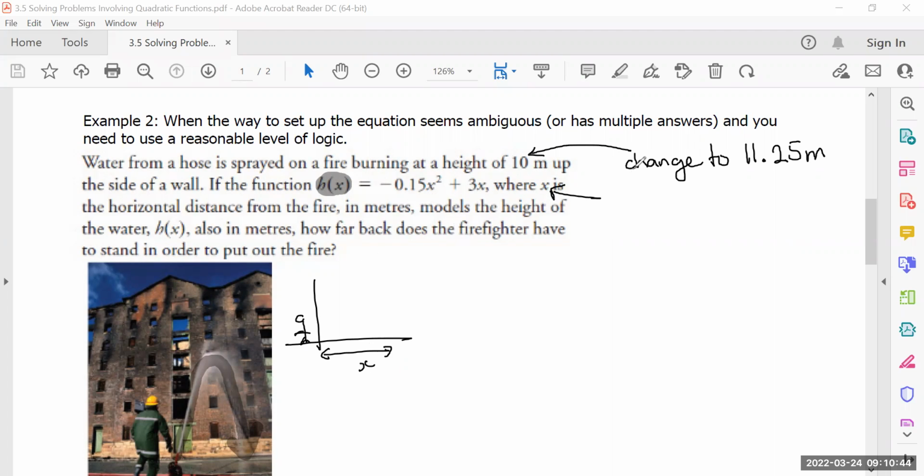Read that carefully. It says the fire is up at a height of 11.25. It also says h of x is the height of the water. We want the water to go to the fire. So what we can automatically assume is that the height of the water has to reach the fire.